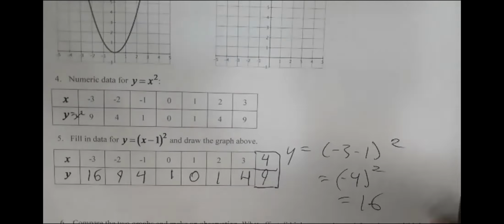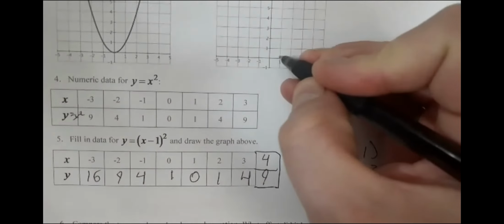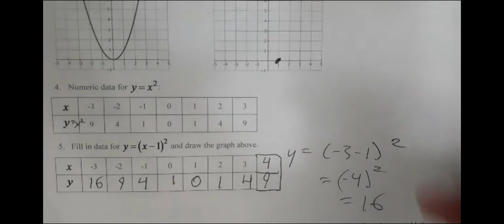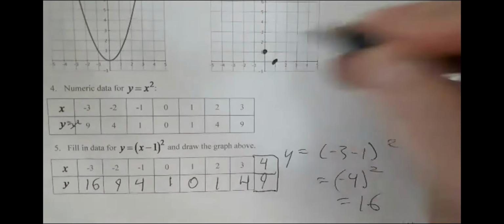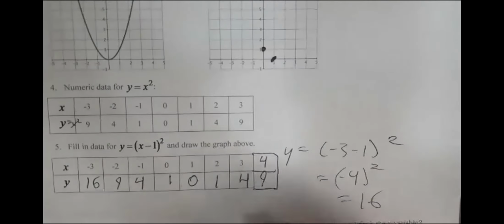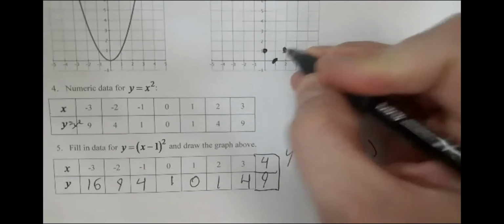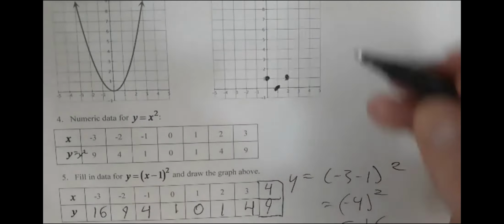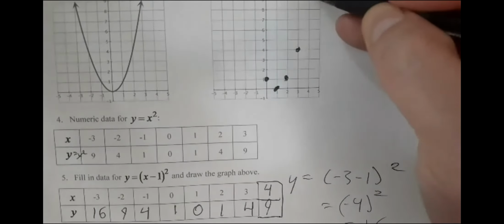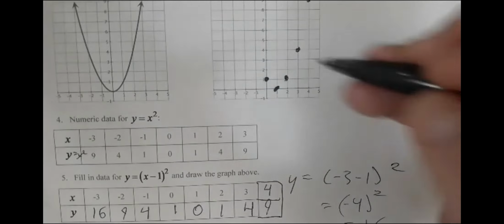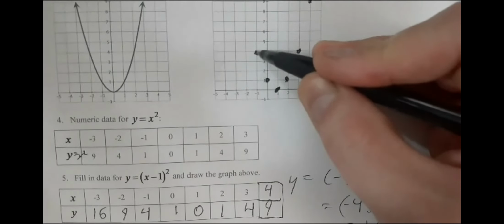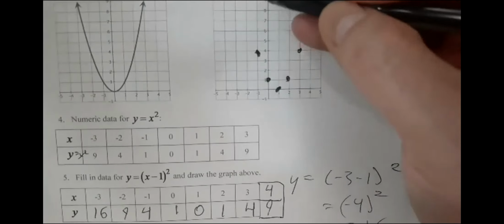So one of the points is 0, 1, and 1, 0. Sorry, graphed the wrong one. And then 2, 1 is another point. 3, 4. 4 and 9. Same thing here. This thing should be symmetric. So -1, 4 is also a point. -2, 9 is a point.